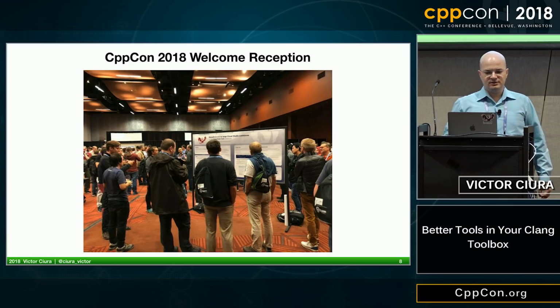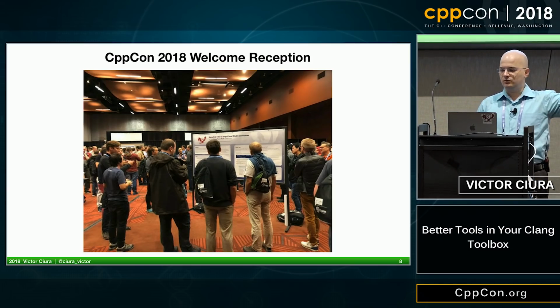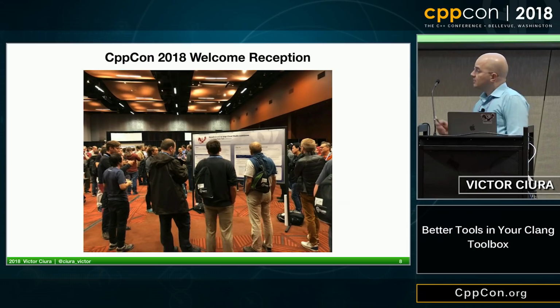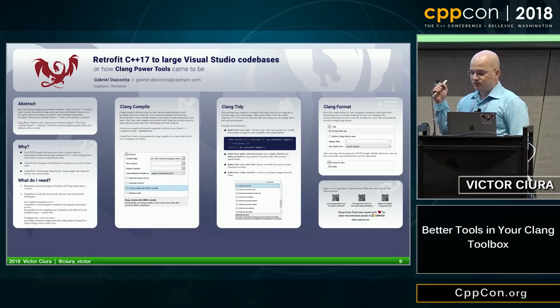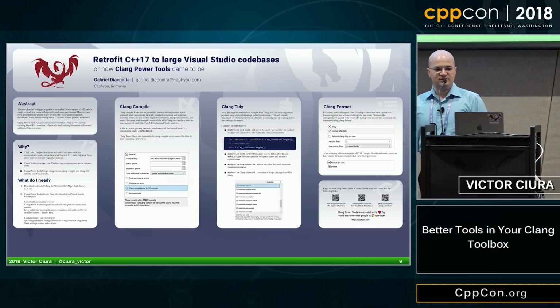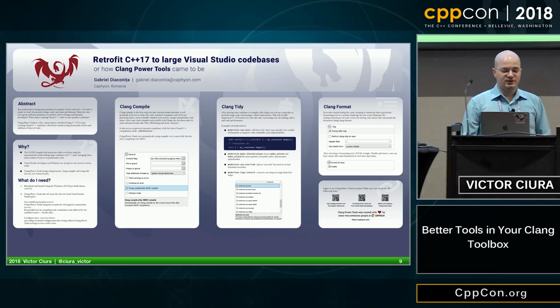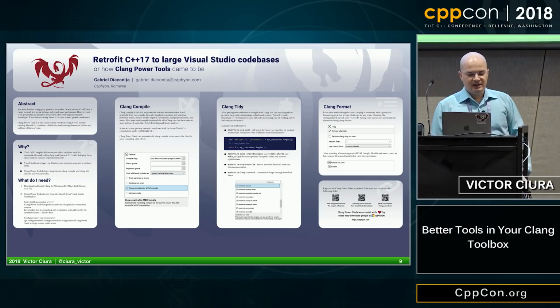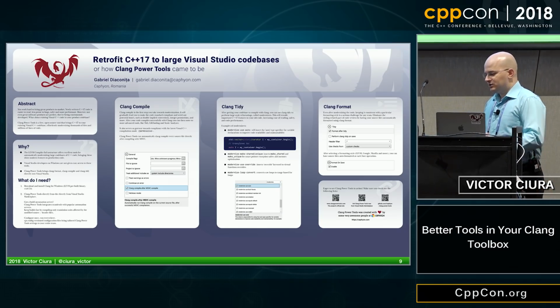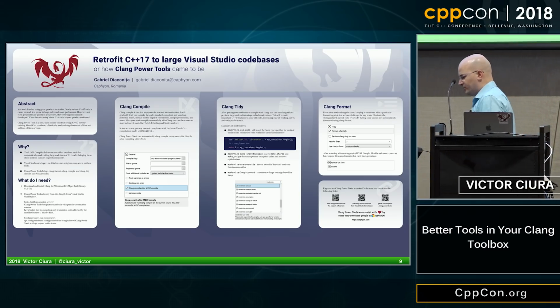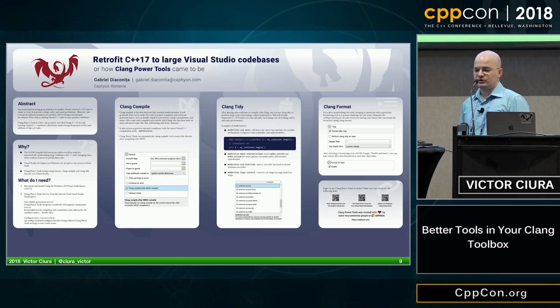You can still see some very cool posters in the main hall there. And you can probably see this giant poster there. It's all about retrofitting modern C++17 features in older code bases and how we got around to implement our own custom tools to help us with that.